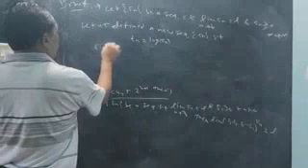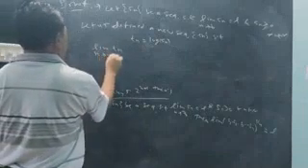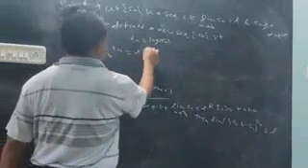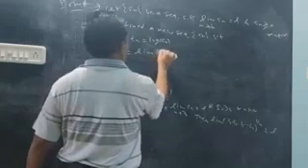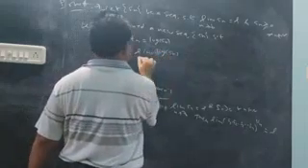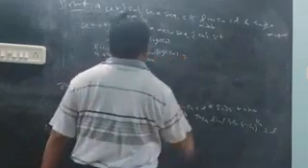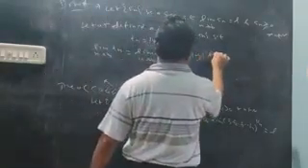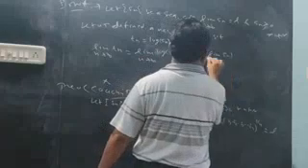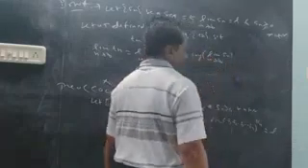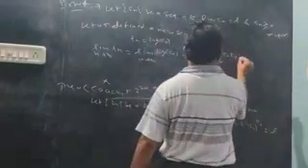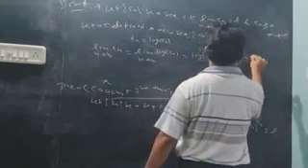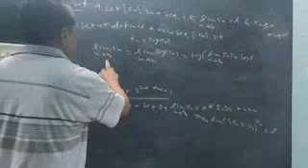Now, taking the limit of Tn, the limit of log of Sn. You know, by properties of limits, log will be outside and the limit applies everywhere. The limit of Sn is here, so the limit of Tn will be log of here.